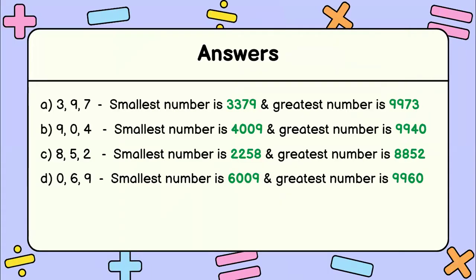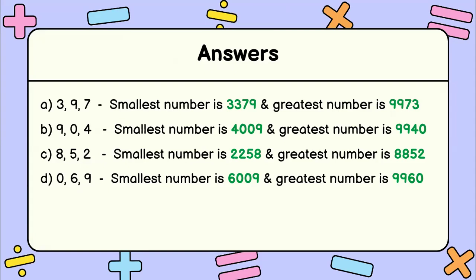So, see here, we have the answers. In the A sequence, we have the numbers 3, 9, and 7. So, the smallest number we got is 3379. Guys, I hope you chose the digit to repeat twice, and then that affects the number formation.